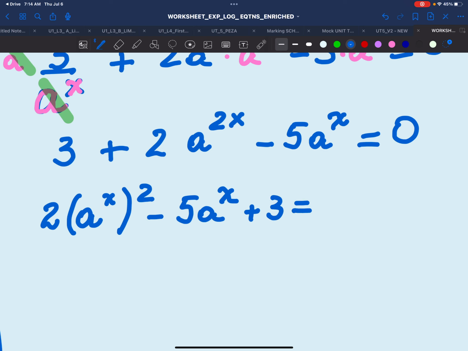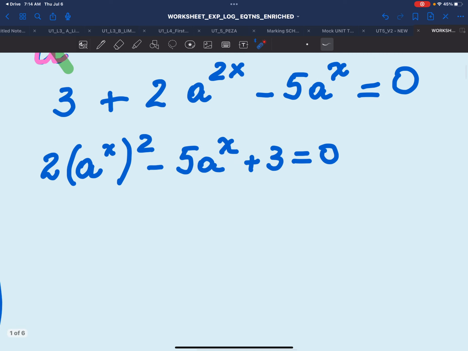Voila. So this would be a quadratic equation, 2 times something squared minus 5 times that something plus 3 equals 0. So we can solve this by factoring, or we can solve it by using the quadratic formula. And in this case, I am going to choose factoring because, as you can see, we can find 2 numbers that multiply to 6 and add to a negative 5.